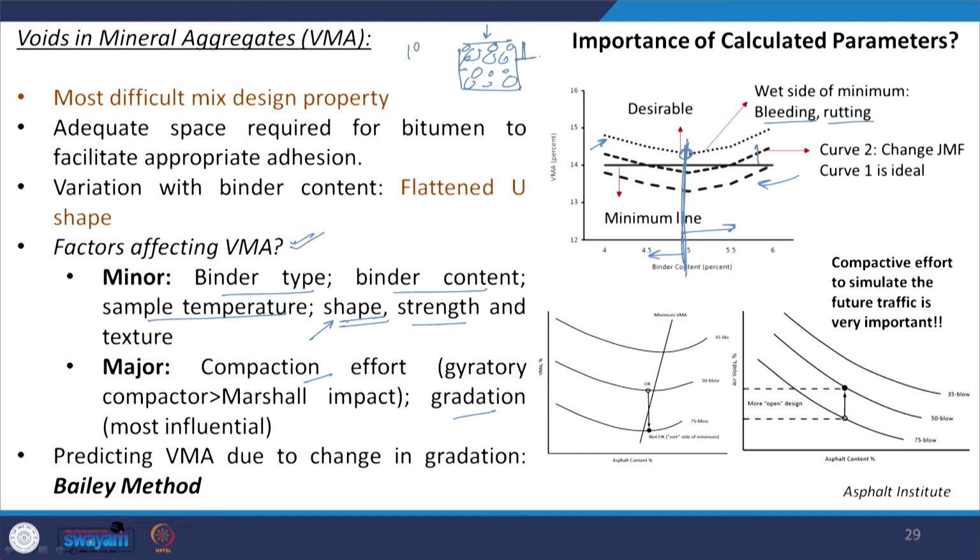So, let us say that the new height is this, H1. Now, if you increase the compactive effort to 20, let us consider that the ultimate densification has not taken place.